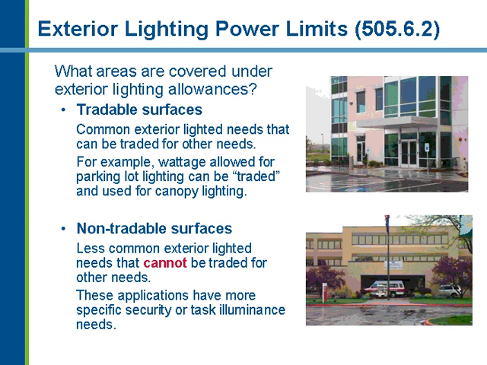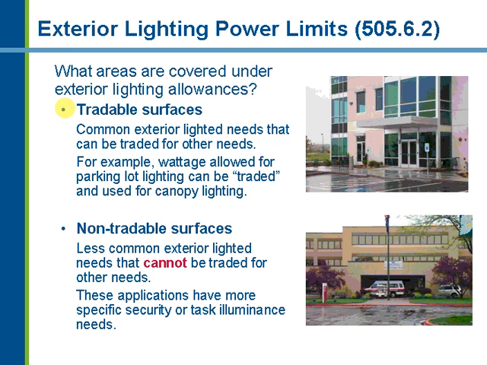In the exterior, there are two basic sections. One is tradable surfaces, and it's called tradable surfaces because when you calculate your allowance, you're basing it on all the spaces you have, but it becomes one total. Just like in the interior lighting, you can use that allowed lighting power for any fixture you want on the exterior. This is the same system as in the interior.